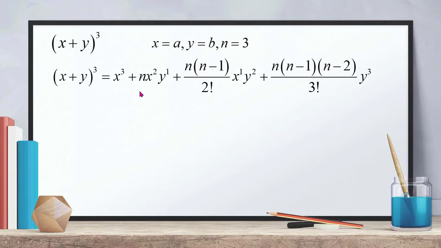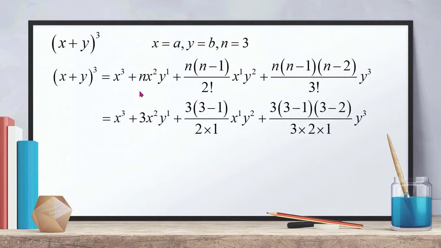Then we substitute the values of n. Here n is equal to 3, then 3 times (3 minus 1) over 2 factorial, which is 2 times 1, and 3 times (3 minus 1) times (3 minus 2) over 3 factorial, which is 3 times 2 times 1.